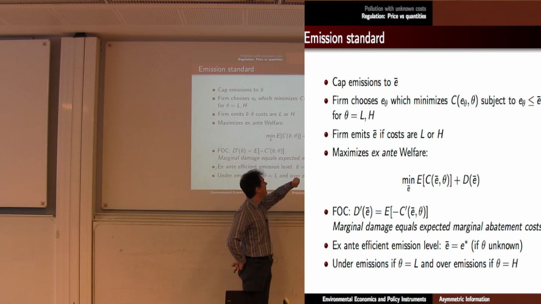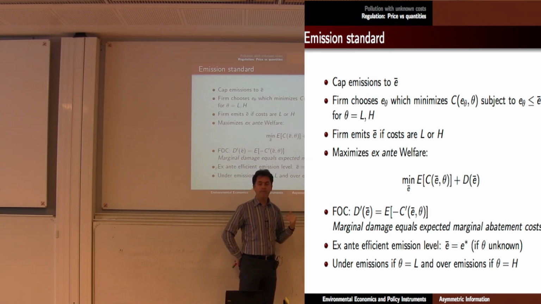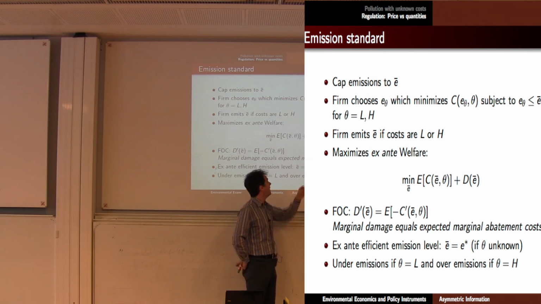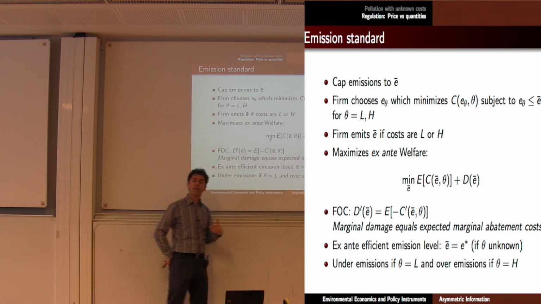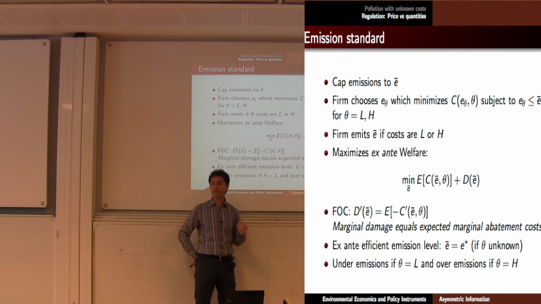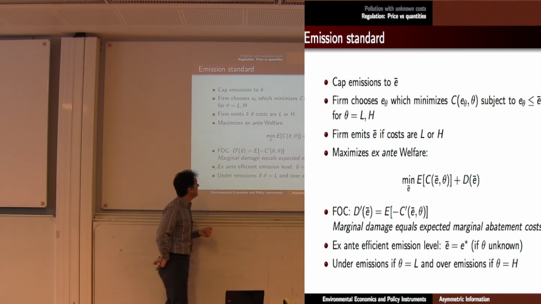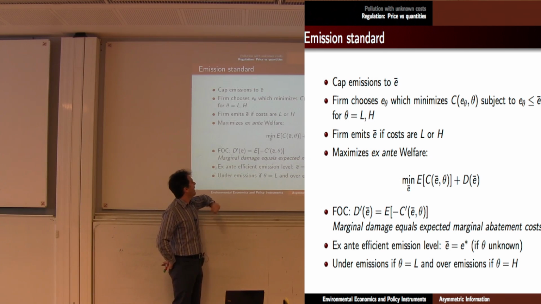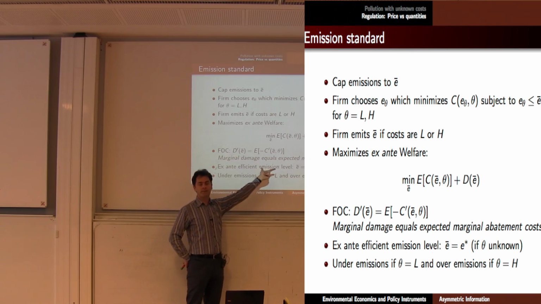So the regulator knows that the firm will stick to the cap, therefore the damage will be the same, regardless of the abatement cost. But the cost depends on whether the firm is a high cost or a low cost. So the regulator takes the expectation about the two types of curve. And then you get a different first order condition compared to the first best. That is, the cap on emission will equalize the marginal damage to expected marginal abatement cost.